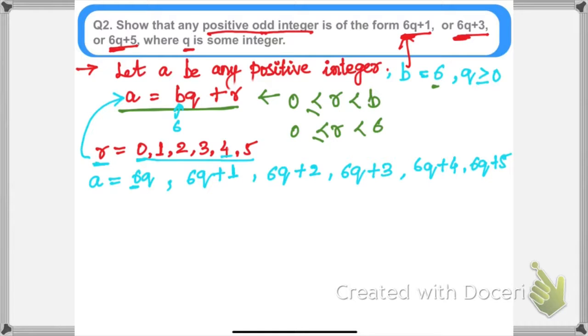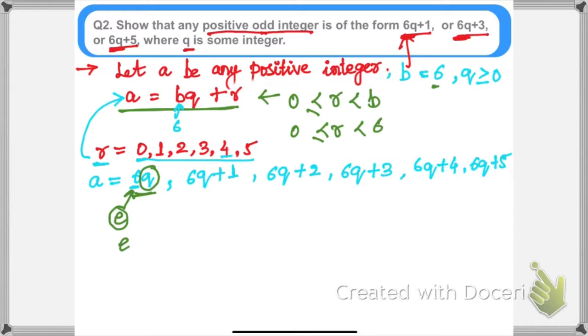Okay, now moving forward, see, this 6 is an even number. Okay, and any number multiplied by an even number is always even, means regardless of the value of q we will get the value of this 6q as even only.